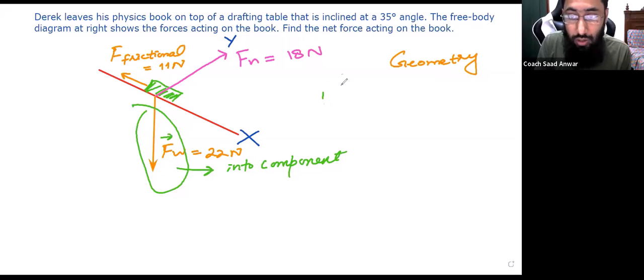This is a vector. I am going to resolve this force into its components Fx and Fy.